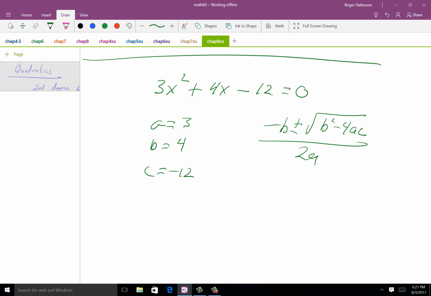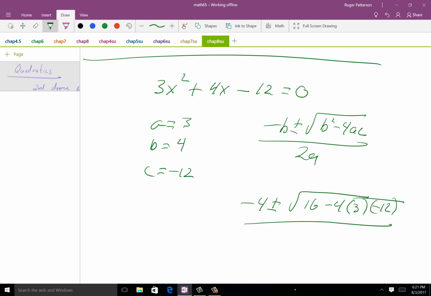Okay, so the opposite of B, so what would that be in this case? -4 plus or minus. Okay, it's got to square that B, so what would that be? 16 minus 4 times A is 3 and C is 12.